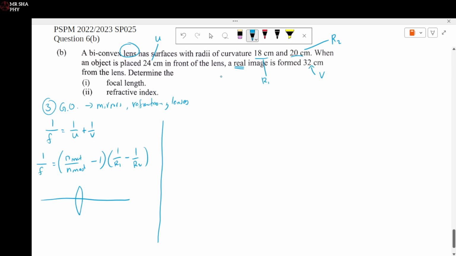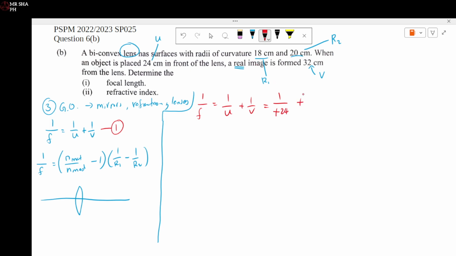Now, if you look at this question, we do not have the refractive index of the material at this point. We don't see it yet. So we will have to use the first equation. 1 over f equals 1 over u plus 1 over v. My object is real, so it's going to be positive: 1 over plus 24.